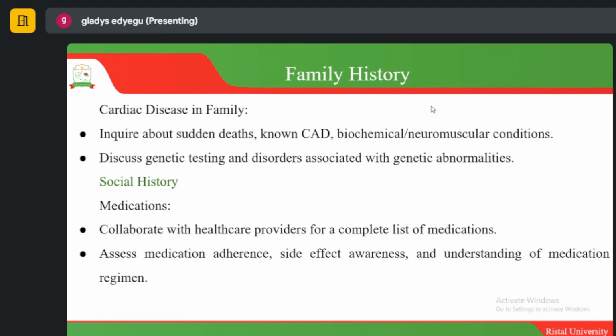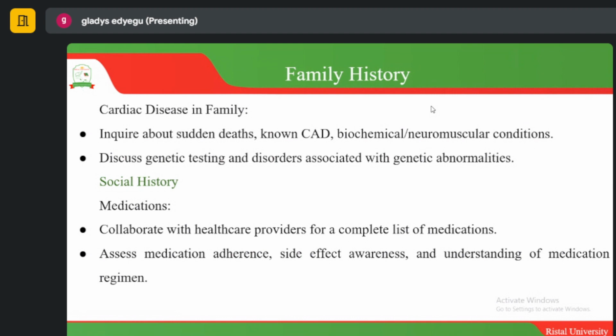You ask all those relevant histories, relevant conditions that can relate to the family's possible acquiring of this condition. So when they respond to you and it is positive, then you suspect this patient might be having this kind of condition. Biochemical, neuromuscular conditions like diabetes and so forth, find out from them and they'll open up.